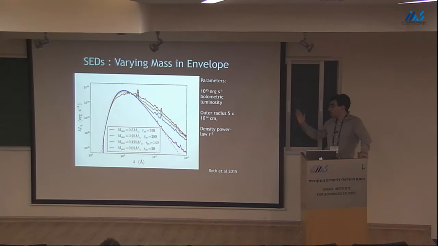We have tried exploring steeper power laws. The calculation becomes more expensive the steeper the power law, because the density at the inside gets higher, and we have to spend more time watching the photons diffuse in the inner region. This is the flattest that we've tried so far, but yes, we should explore that parameter too.